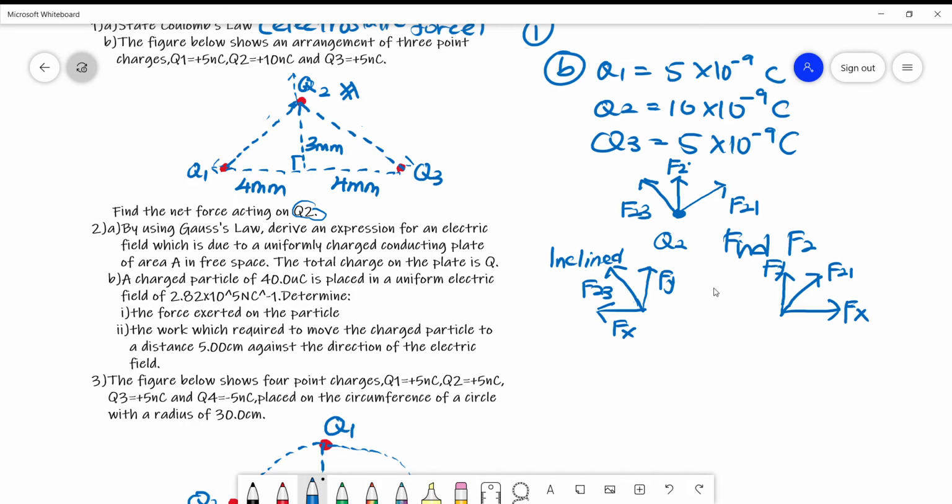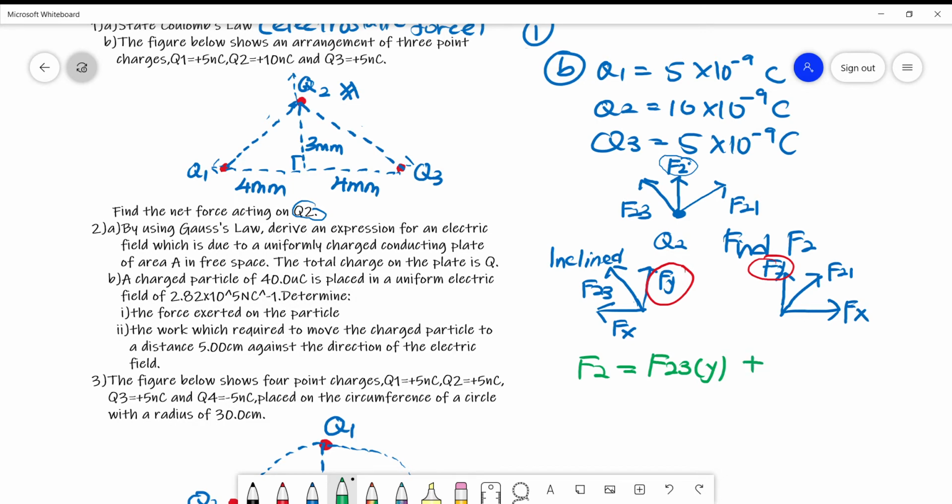So now the question requests that we need to find out what is F2. Since there are two vertical forces acting on this Q2, which is this one and this one, finally I can conclude that my F2 is actually equal to the F23, the vertical component.